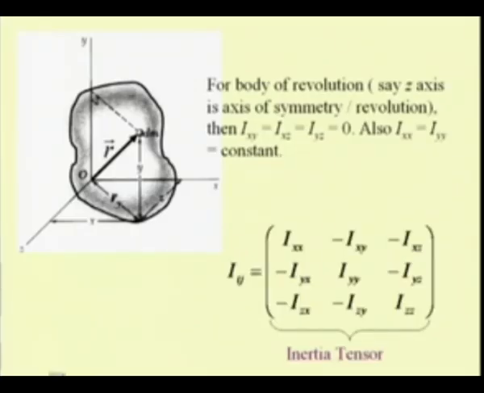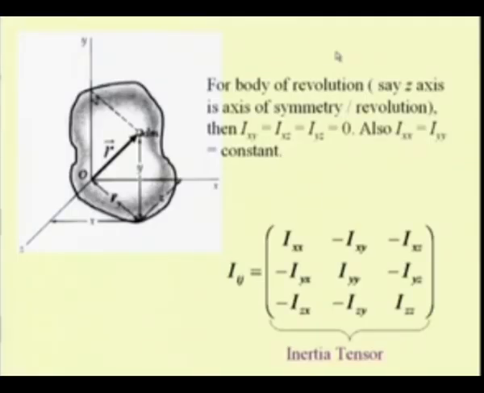Now, we have seen the moments of inertia with respect to the principal coordinate axes, that is x, y and z, and also the products of inertia with respect to the planes. So, these quantities can be conveniently written in a matrix form.